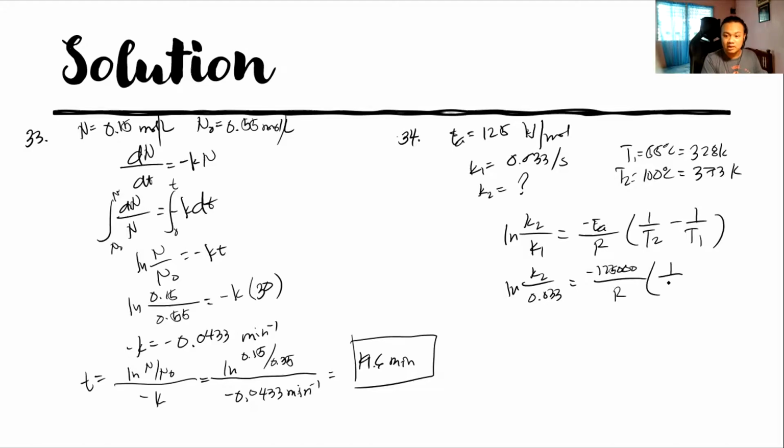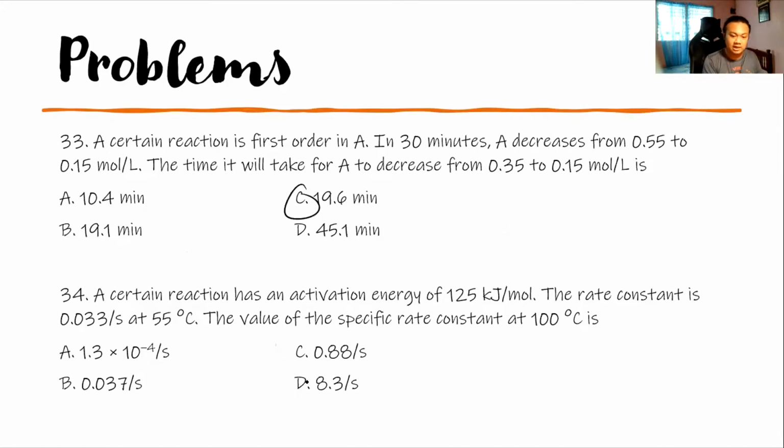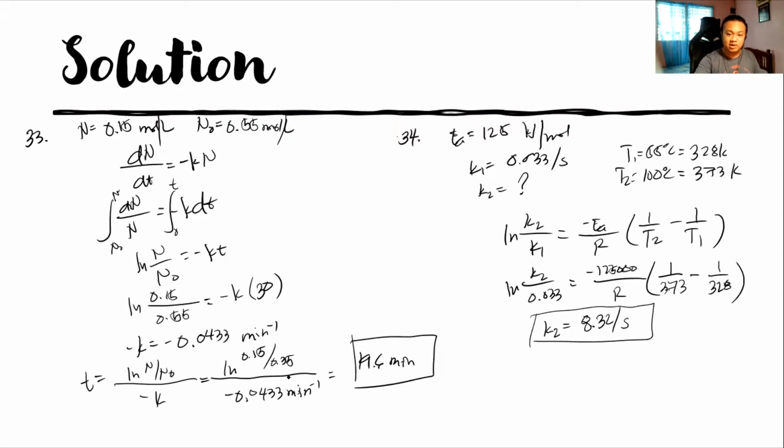Okay, then 373 minus 328. Okay, so you can get K2 shift solve in your calculator, 8.32 per second. Okay, that's really easy, and that's letter D. So let's move on to the next problem.